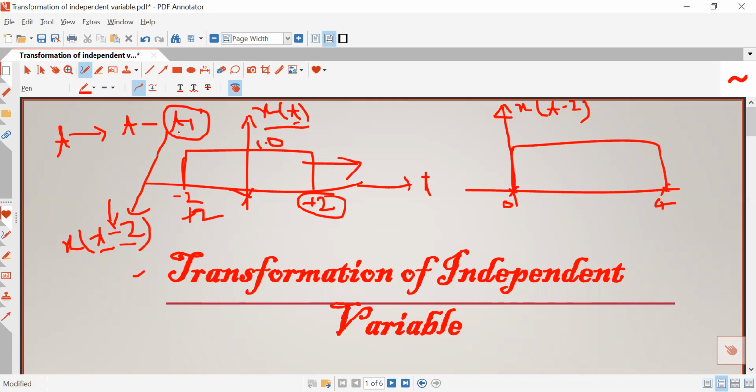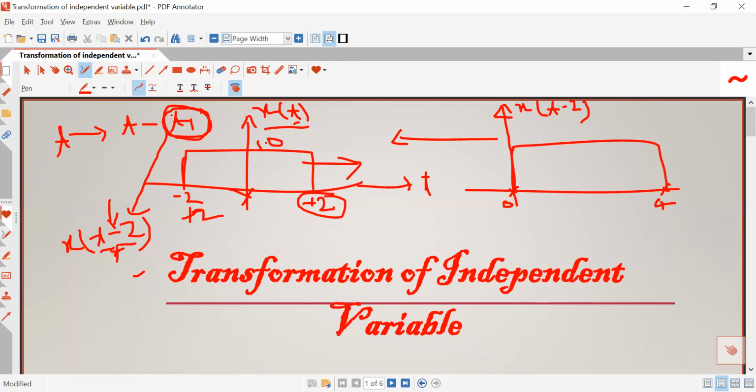If t1 is negative, or this sign is positive, then the signal will be shifted in the left direction. So this is the shifting of the signal, and this amount t1 through which the signal is shifted is called the shifting factor.